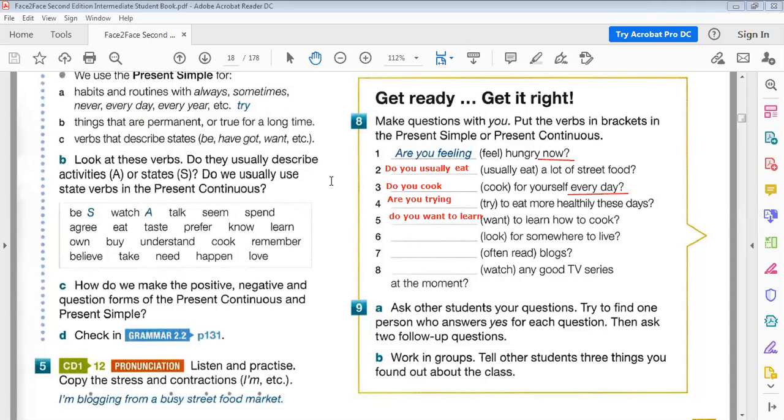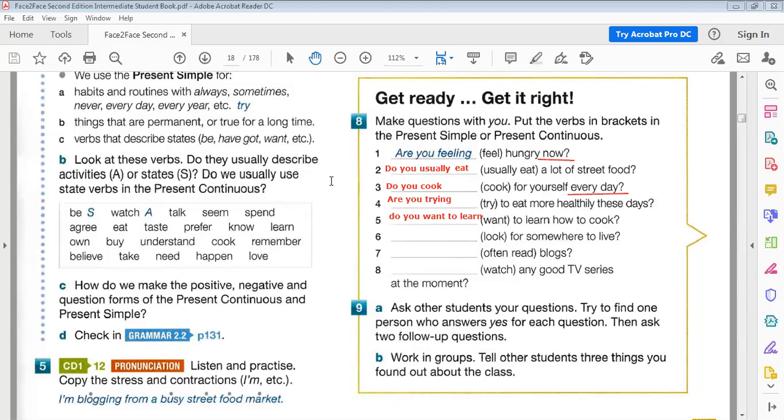Okay, but the overall meaning, when you ask someone, let's think of both options. When we say, "Do you look for somewhere to live?" if we're using this like some kind of habit or routine, it means the person you're talking to is homeless and still looking for somewhere to live.